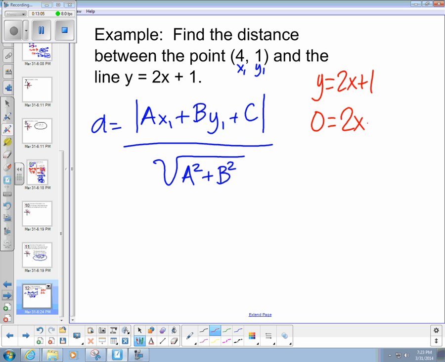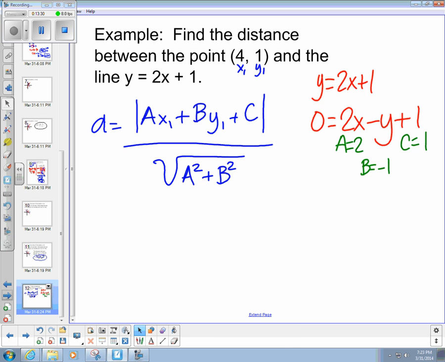So 2x minus y, when I move that, plus 1 equals 0. Okay, now think about your coefficients. The coefficient of x is your a value, so that means a is 2. The coefficient of y is my b value, which is negative 1. And then c is the constant, so c is the positive 1.